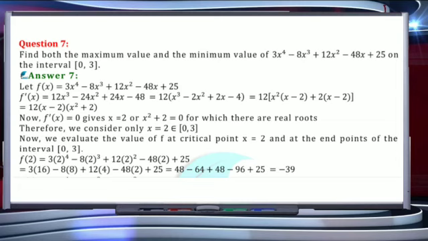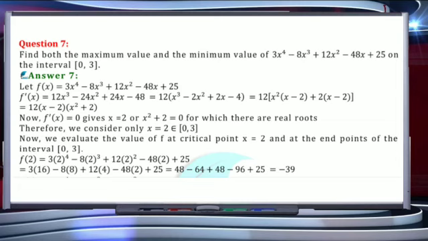Here we start with the first order derivative of the given function, which is 12x^3 minus 24x^2 plus 24x minus 48. Here 12 is common, and the factors of the derivative come out to be x minus 2 and x^2 plus 2. So your first order derivative reduces to 12(x minus 2)(x^2 plus 2).